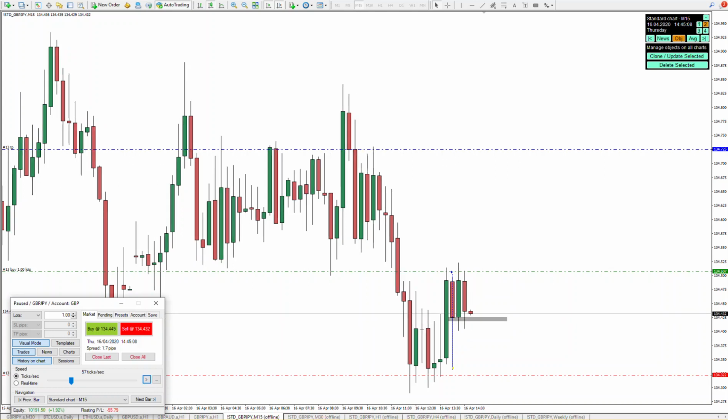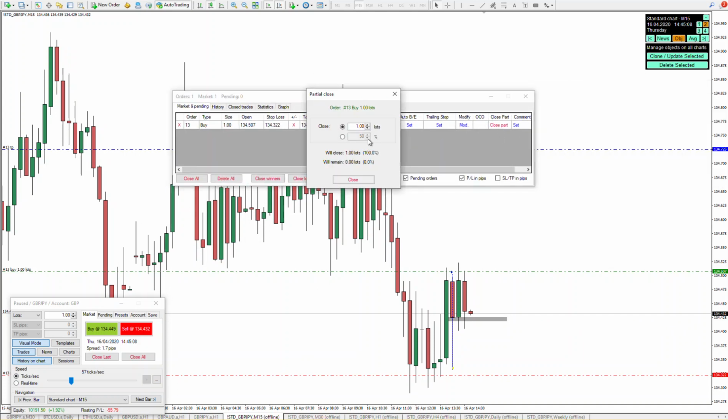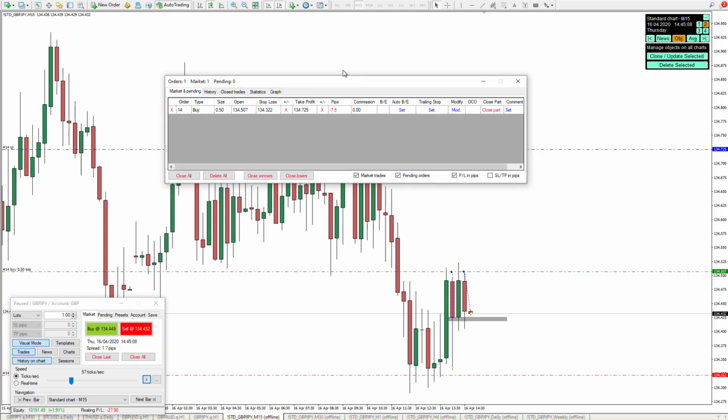M15 closed bearish. I need to take off 50% on my trade. And let's see what we get next.